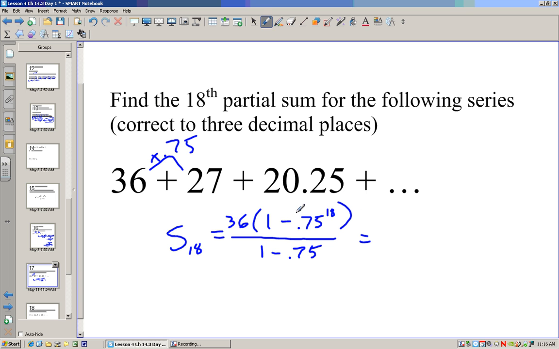So 0.75 to the 18th is going to be 0.0056.